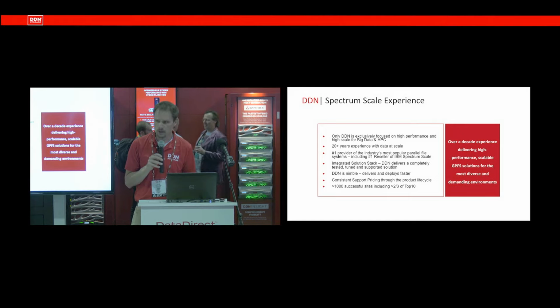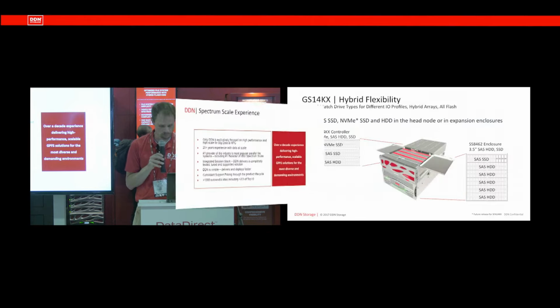We supply solutions for both HPC as well as for big data, and we are a company that has 20 years worth of experience of data at scale, so we're able to bring that to bear in a GRIDScaler solution as well. On top of that, we've done 2/3 of the top 10 on GRIDScaler, and we have over 1,000 successful solutions out there.